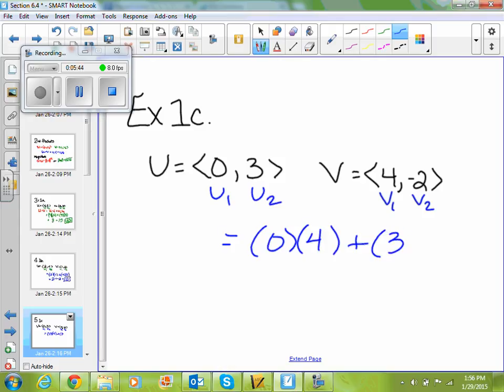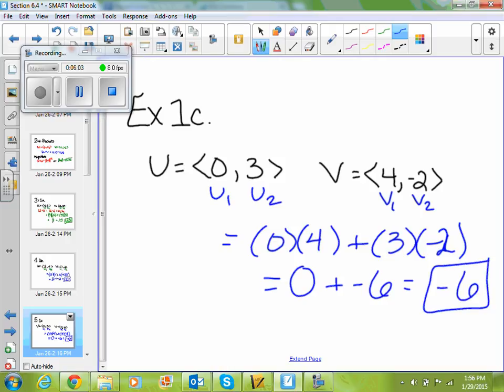My u2 is 3, and my v2 is negative 2. Well, 0 times 4 is 0. 3 times negative 2 is negative 6. 0 plus negative 6 is negative 6.